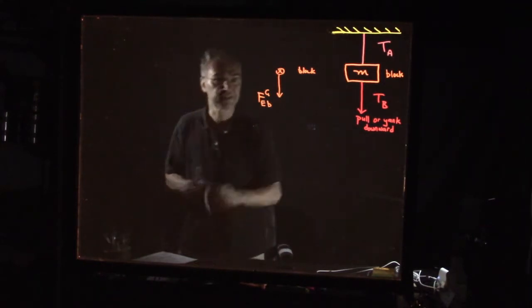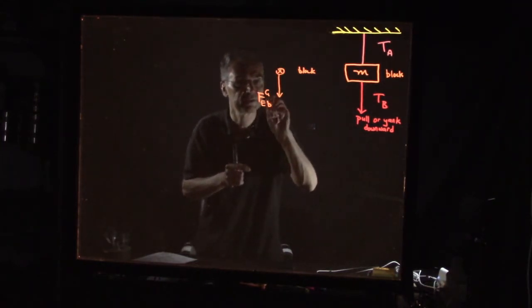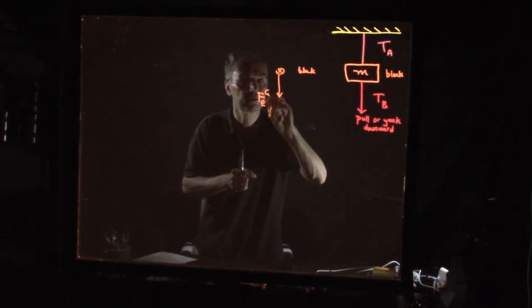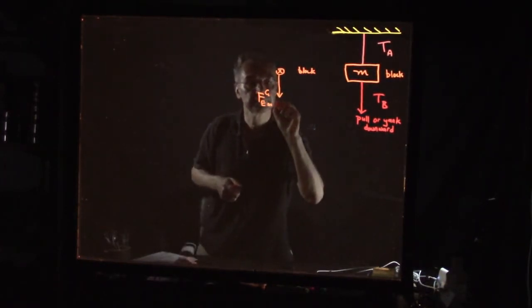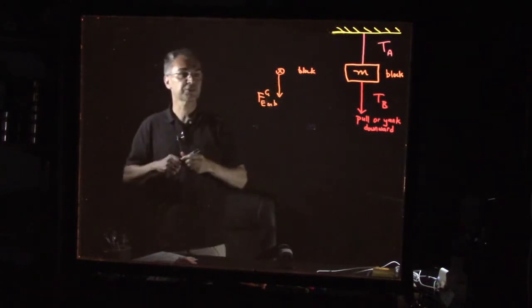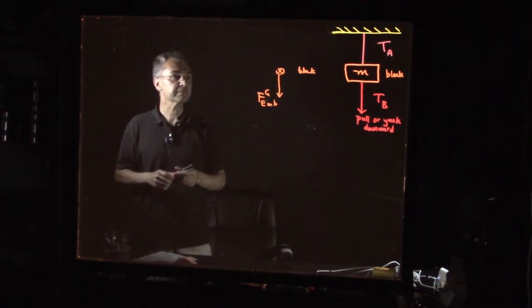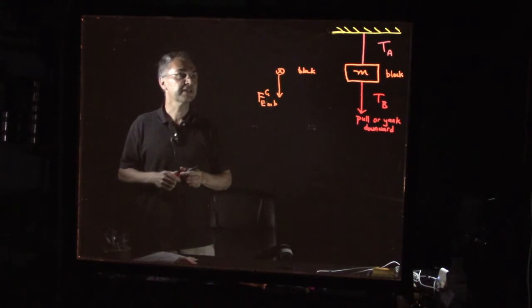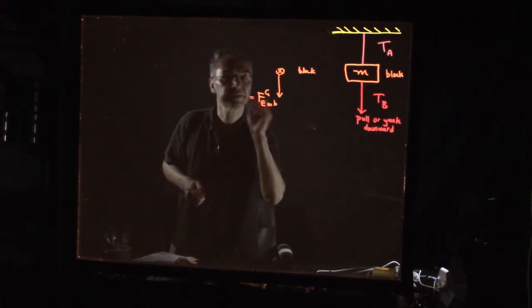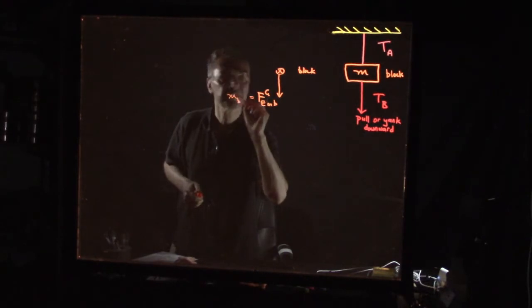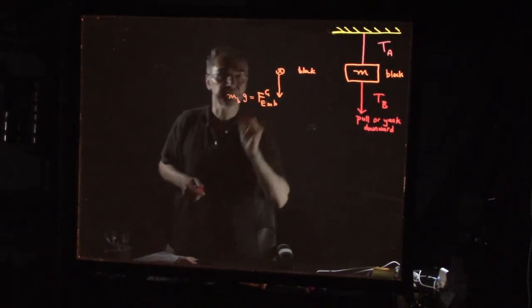I guess I'll write that explicitly: Earth on the block. I'll use little b for block. That's basically the mass of the block times little g.